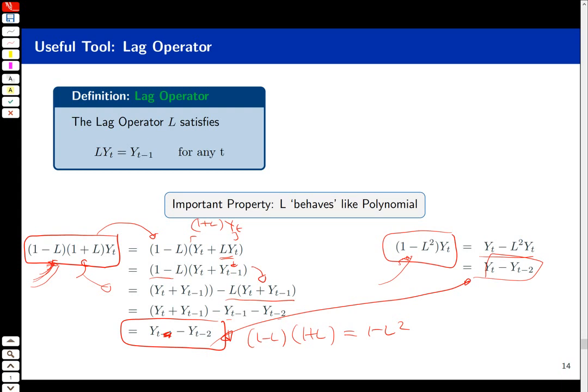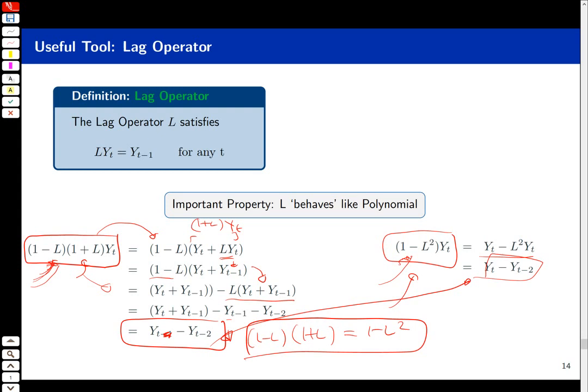Okay, we often write this shorthand as L squared y_t. But just to be clear, there's no notion of L squared. We can't square this operator. It's not like a number like 2, where 2 squared is 4. But this is just shorthand notation. So L squared means go back twice. L to the power k would then be lag back k periods. Yeah, just means apply the lag k times.